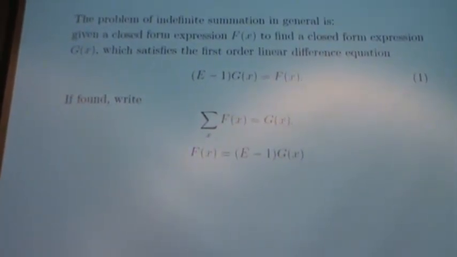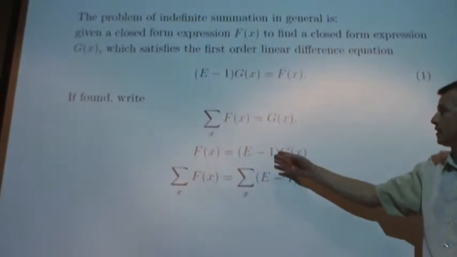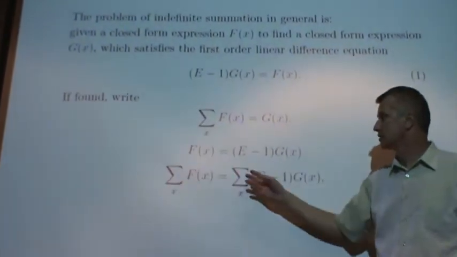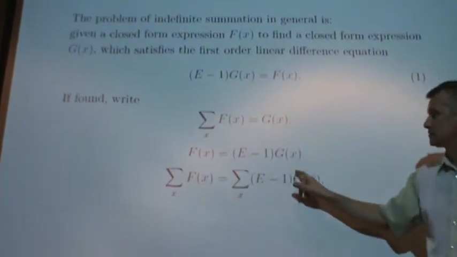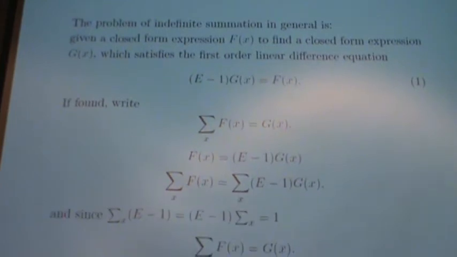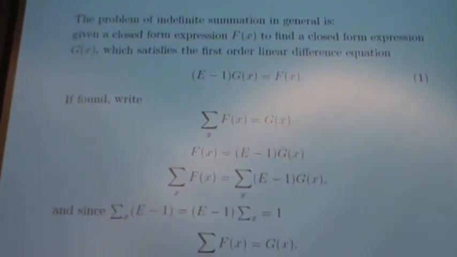Our butter is butterish, so we can rewrite f as e minus 1 applied to g of x. Then we take the sum on both sides, and since summation and differencing cancel each other, this is kind of cheating we see all the time in summation.